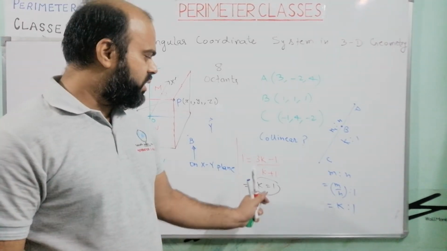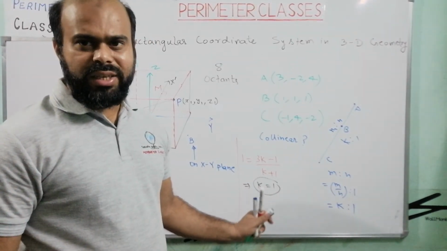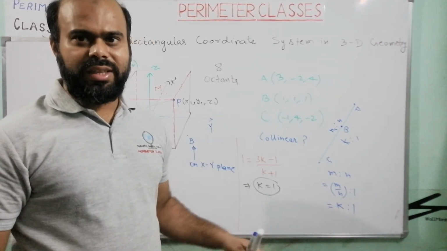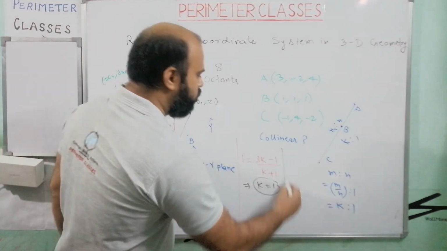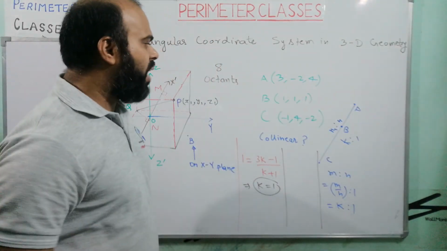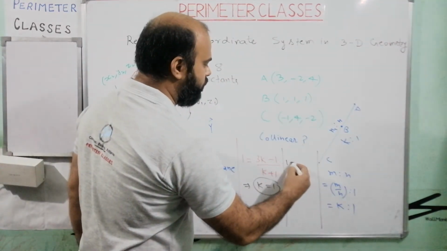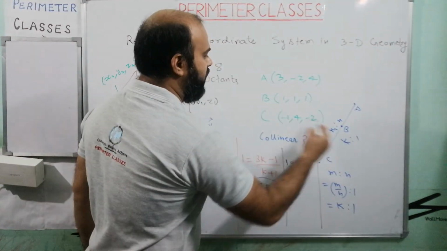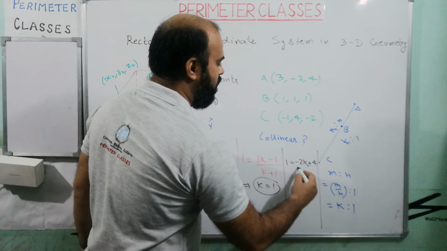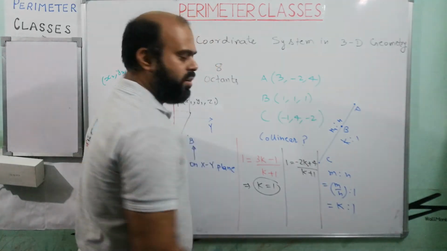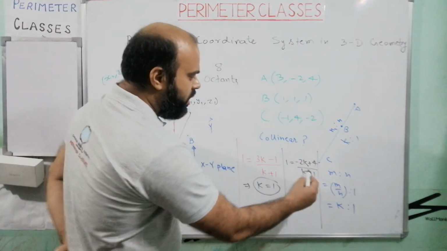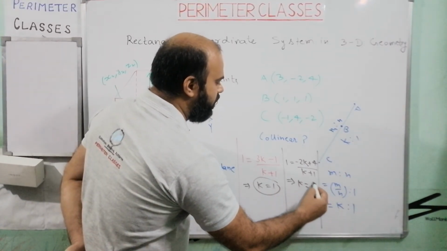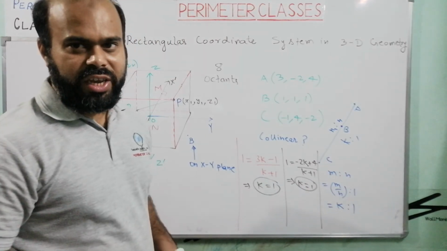Now if this value of k is coming same for y and z also, then they are collinear. Otherwise they are not collinear. So we come to the y coordinate of B, which is 1, equal to k times minus 2 plus 1 times 4 upon k plus 1, again by section formula. Let us simplify them. So you will get k is equal to 1 here also after simplification.